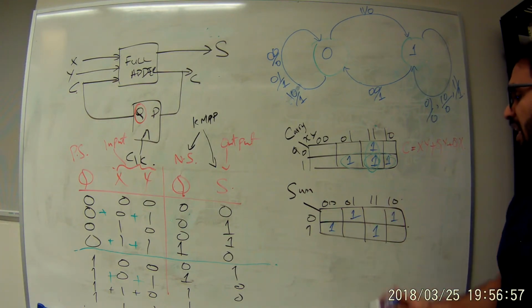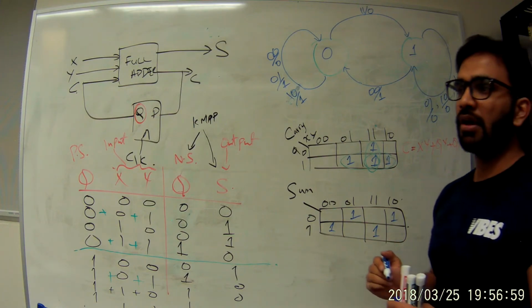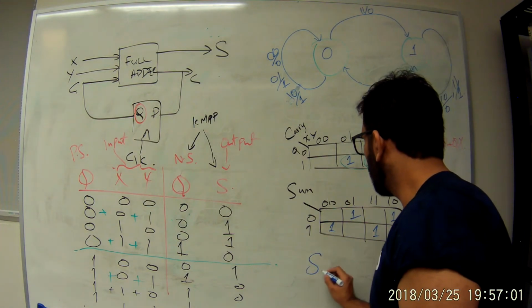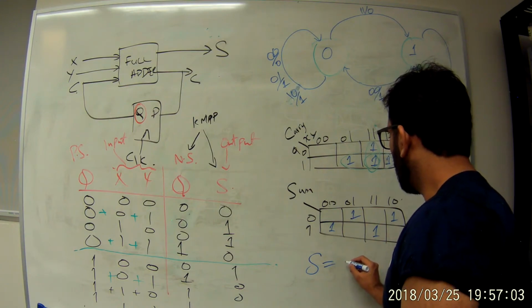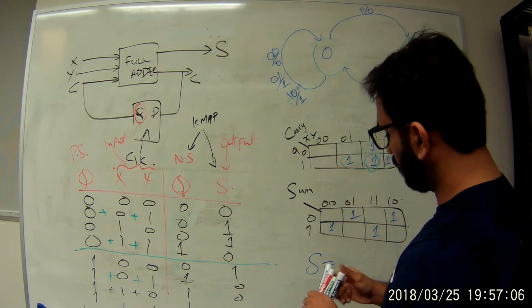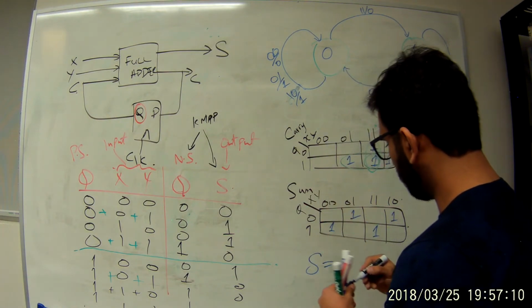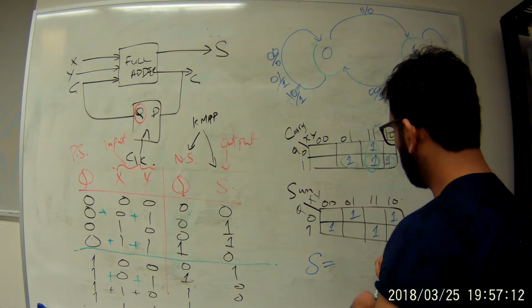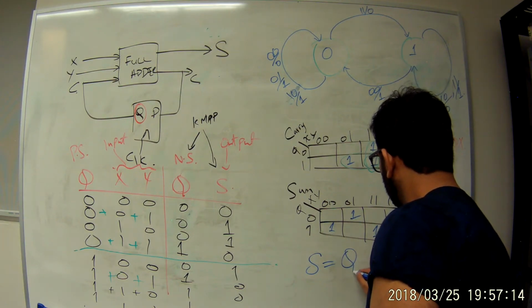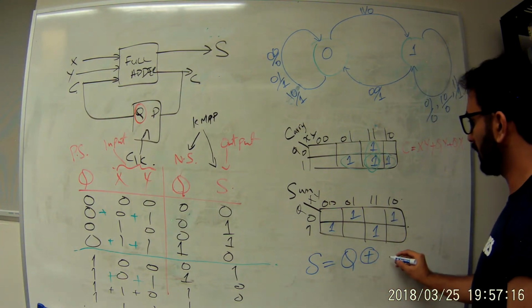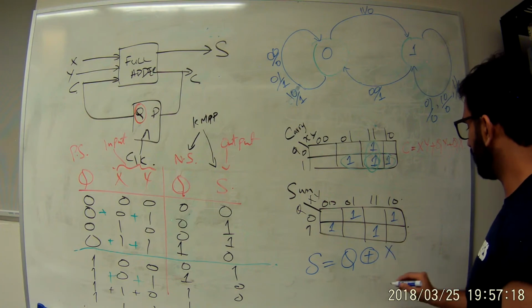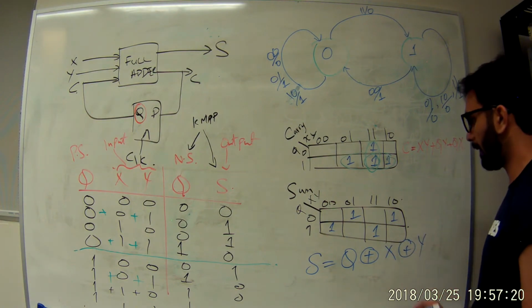Okay, so we cannot make any group. This is a special kind of K-map that simply implies our sum, in this case, is equal to, sorry, I forgot to put Q and XY. So this is simply equal to Q, our previous state, XOR X, XOR Y, okay?